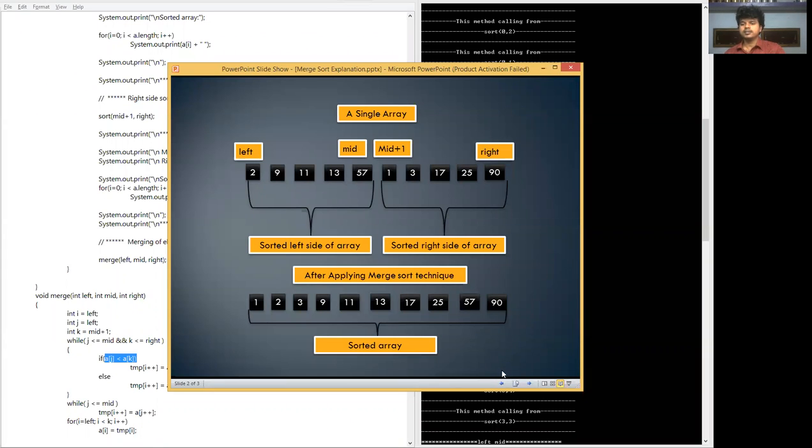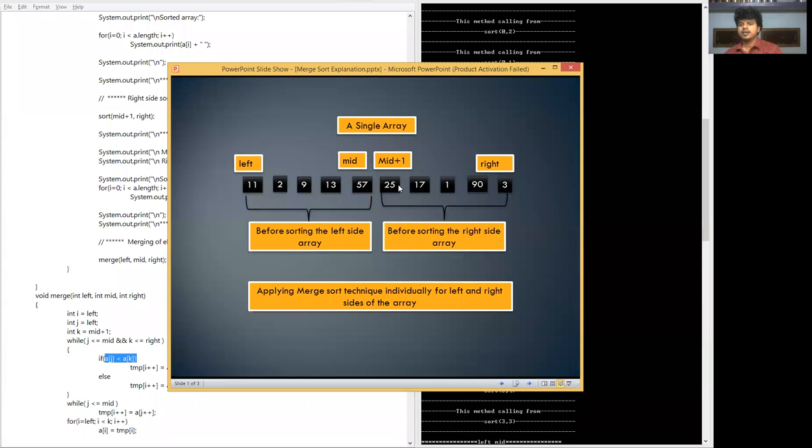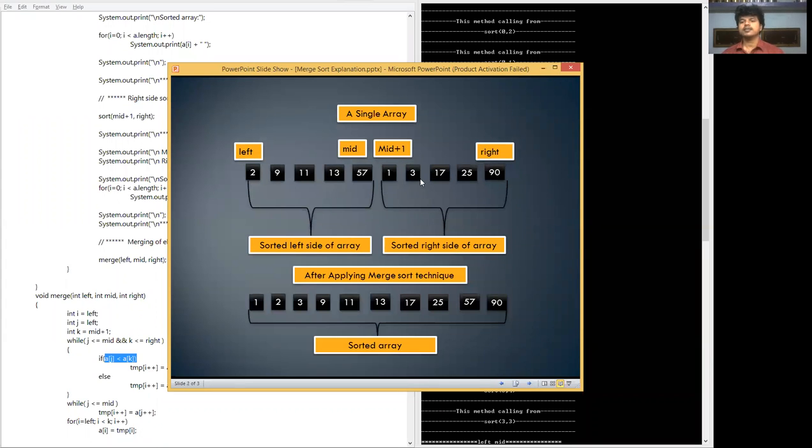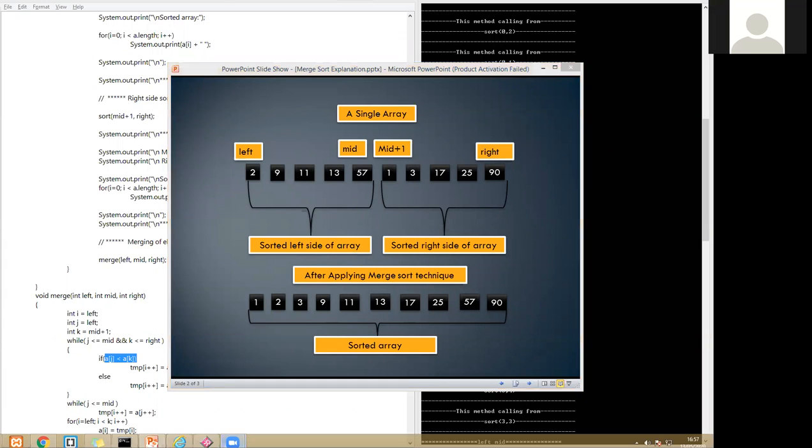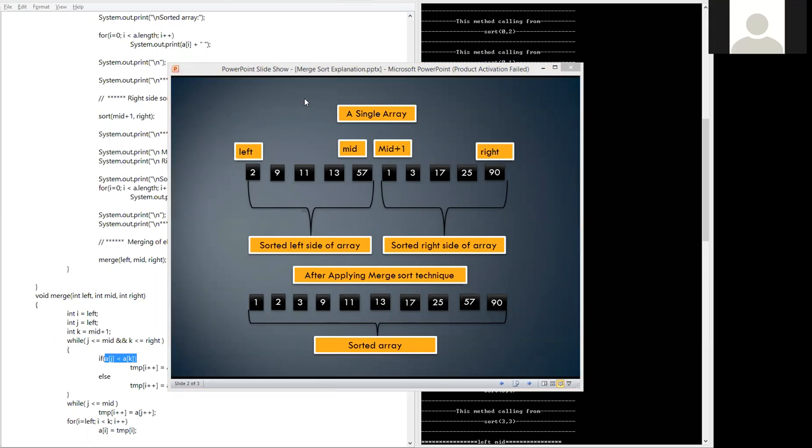And you see this right side array: these elements were not in ascending order, but after applying the technique, these are also in the form of ascending order.